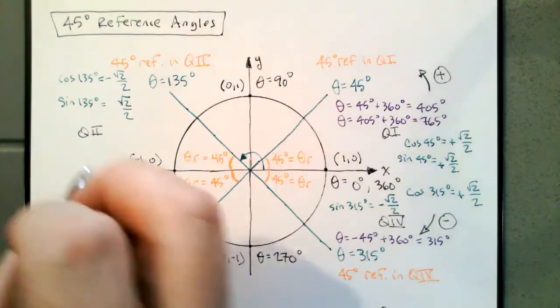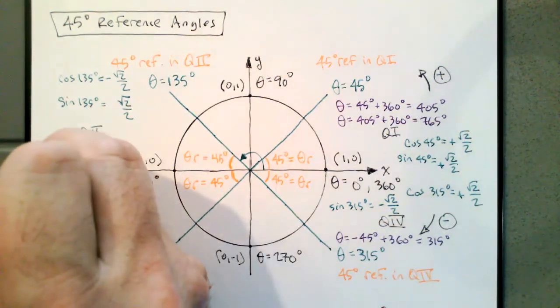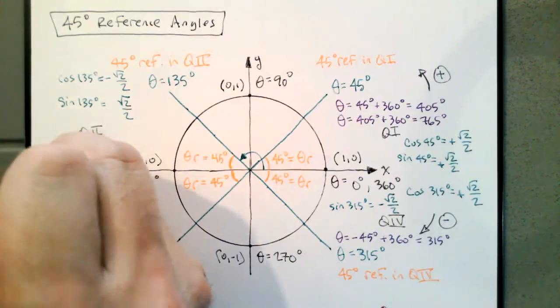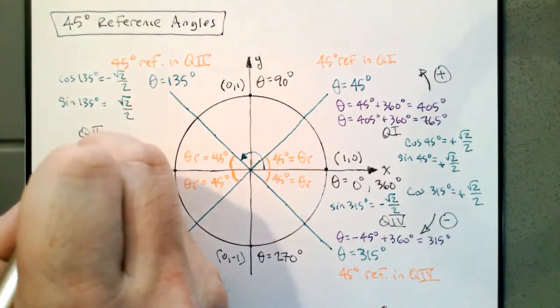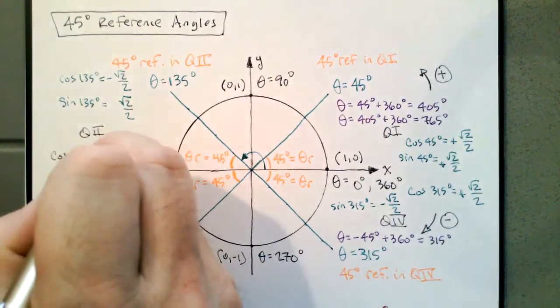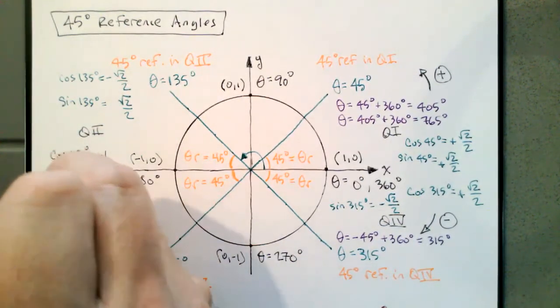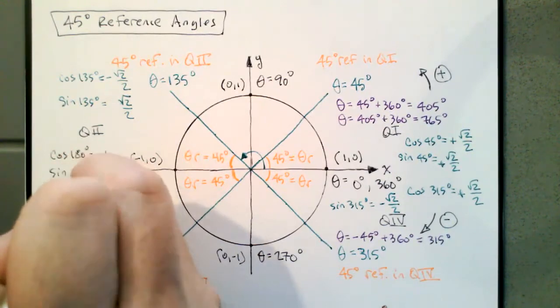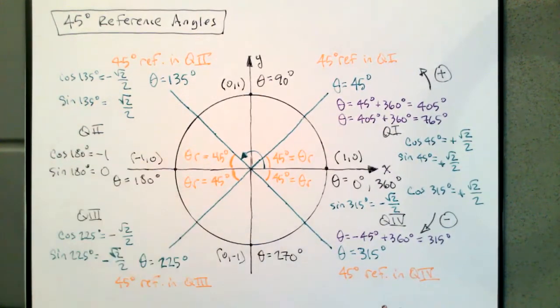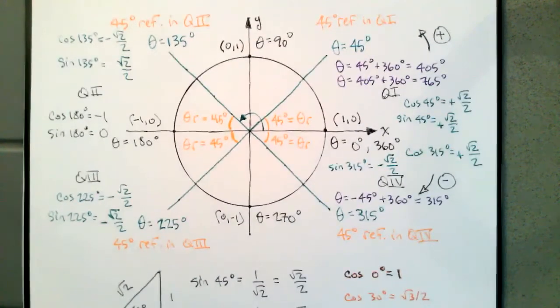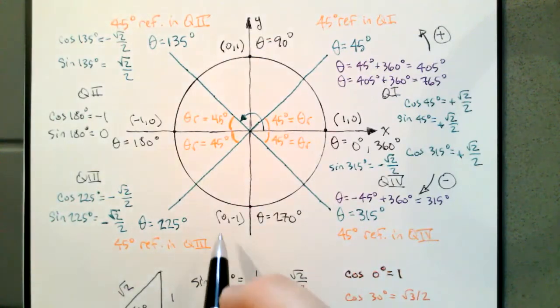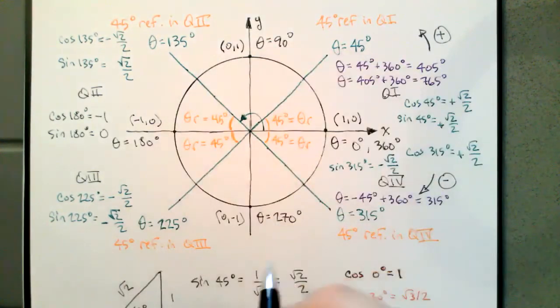So at 180, we can say that the cosine of 180 degrees is -1, because cosine is the x, and sine of 180 is 0, because sine is the y. We can keep going around to 270, where we're at the point 0, -1 on this unit circle.